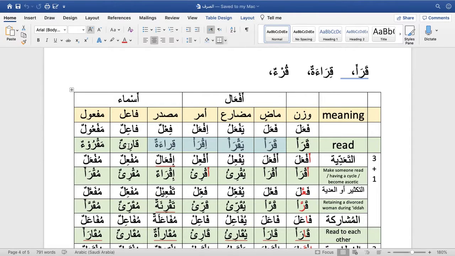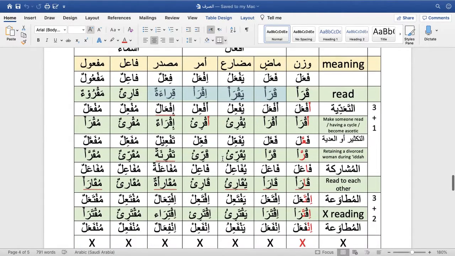Okay, so moving forward to the next wazn, af'ala. It has the meaning of ta'diya. So what is the meaning of af'ala? Well, we have the very simple ta'diya of the basic one. We said to read.